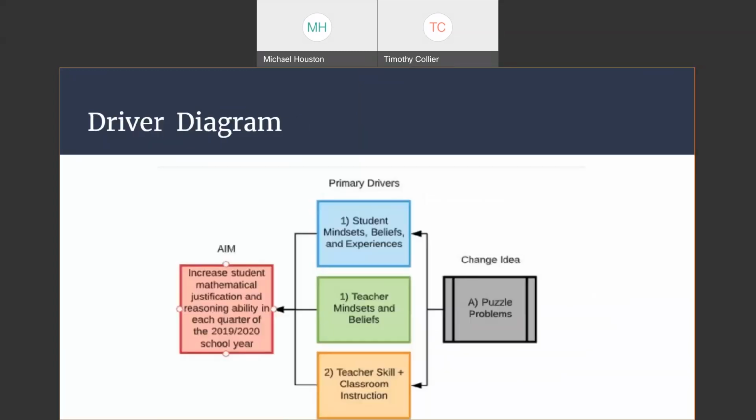This is the driver diagram that our project used to decide how to move forward, having identified justification as something that we believe is important. After studying this aim carefully, we understood that if we're going to ask students to actually justify their thinking, we're going to have to change some student mindsets and beliefs and shift their experience.